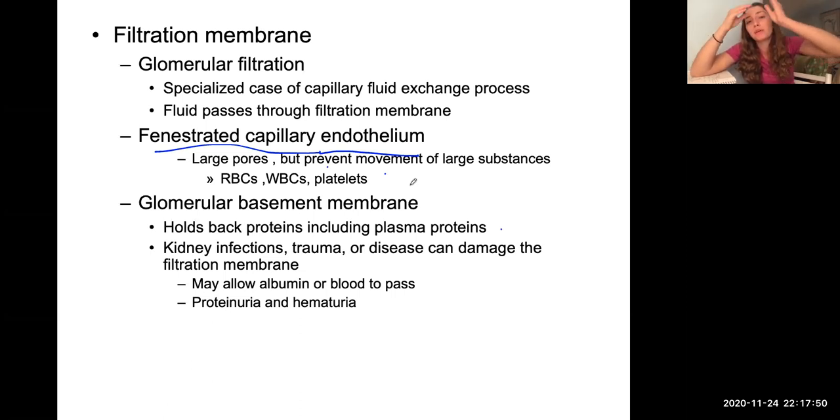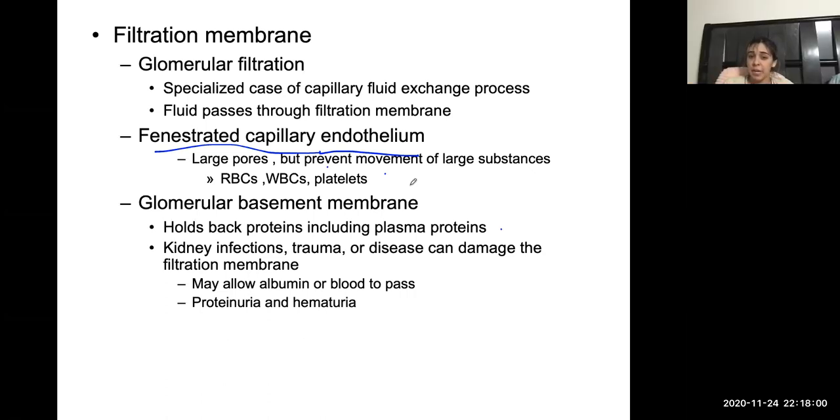They are large pores but prevent movement of red blood cells, white blood cells, and platelets, which are located in the blood. But that fenestrated capillary endothelium has nothing to do with the little porous channels that were open in the ascending loop of Henle, right?